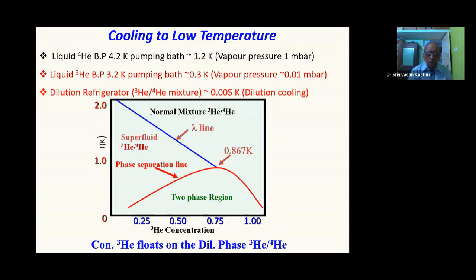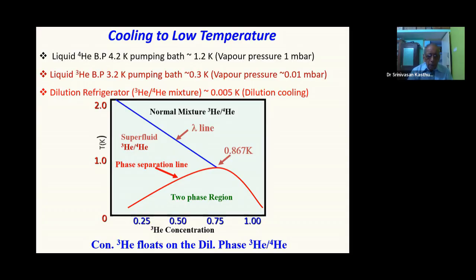You pump on the bath, then you are able to reduce the temperature to about 1.2 Kelvin with the vapor pressure about 1 millibar. Similarly, if you take helium-3, whose boiling point is 3.2 Kelvin at normal atmospheric pressure, and pump on the bath, you are able to reach temperatures of 0.3 Kelvin with the vapor pressure going down to 0.01 millibar.